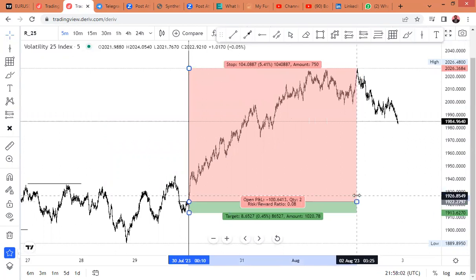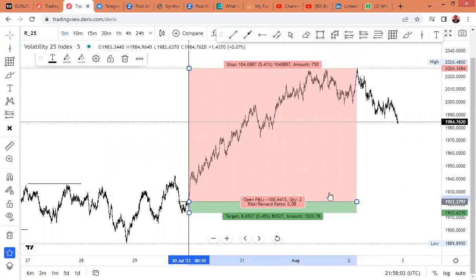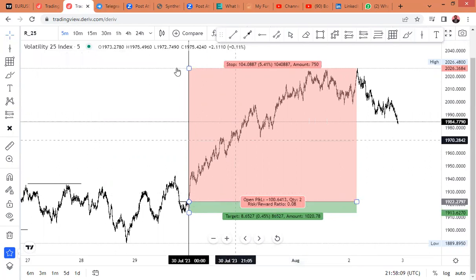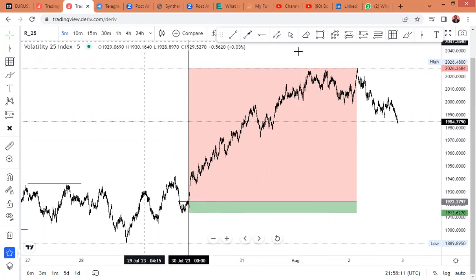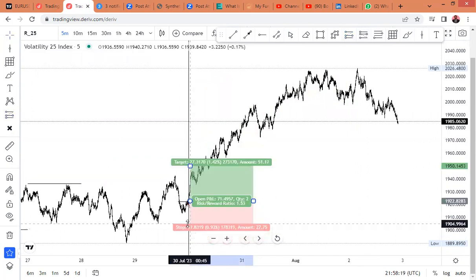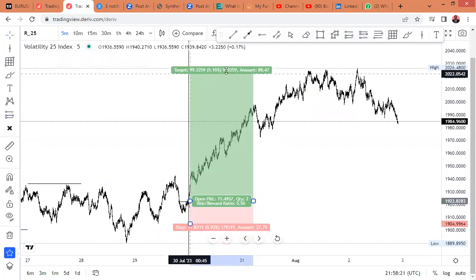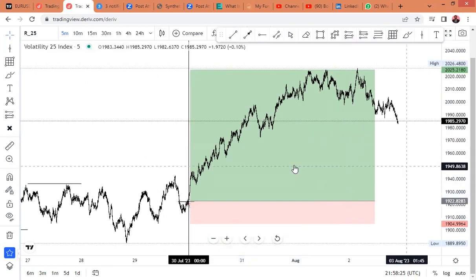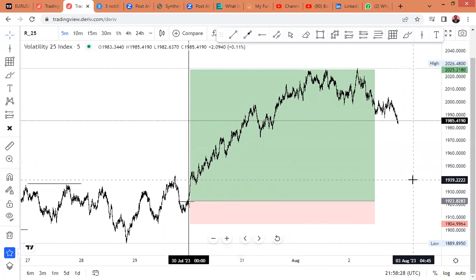So I just had a sweet 1 to how many? I don't even see the risk to reward ratio. What did I do? I used the wrong one. I was like, what happened now? I'm surprised too. That was a 1 to 5. Beautiful. So that's just it.